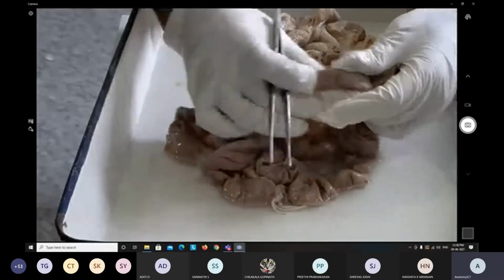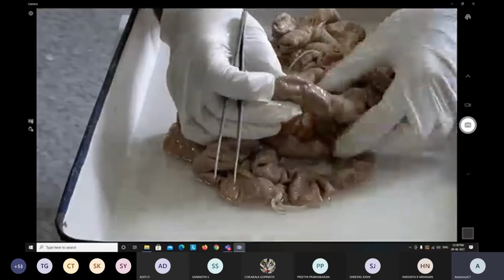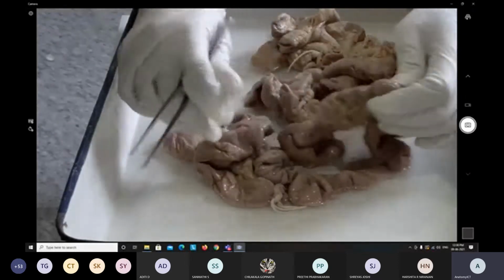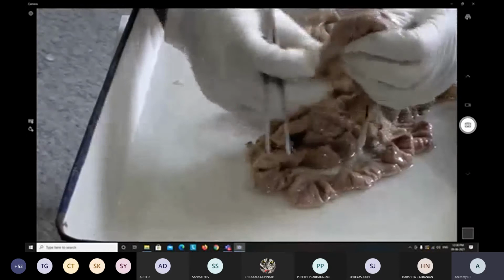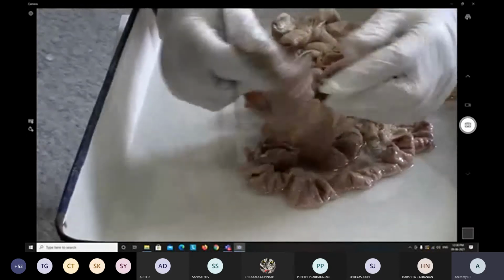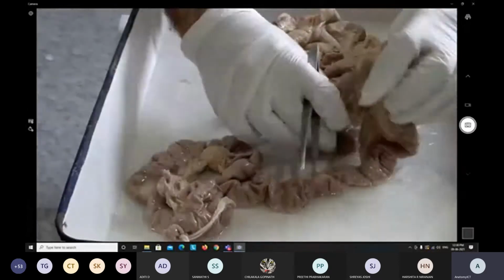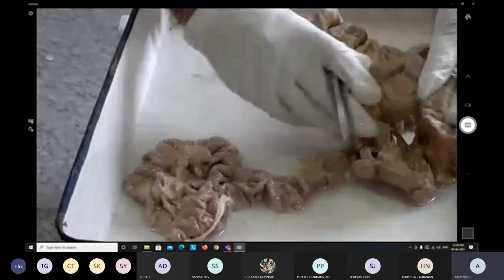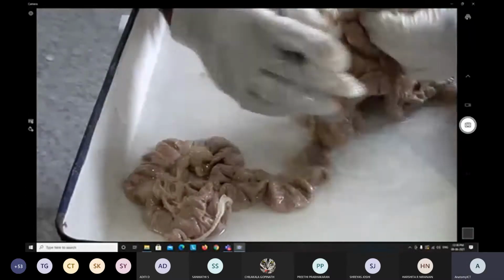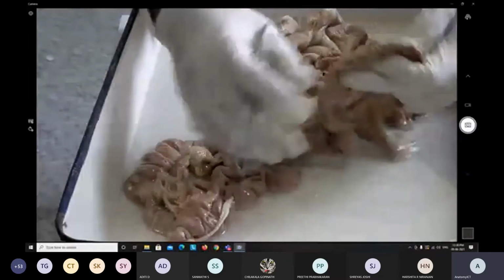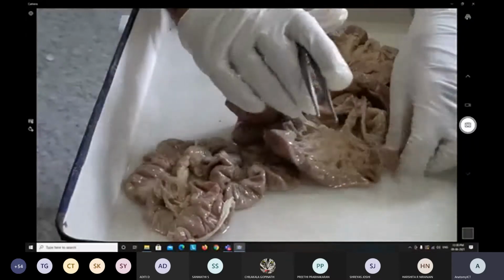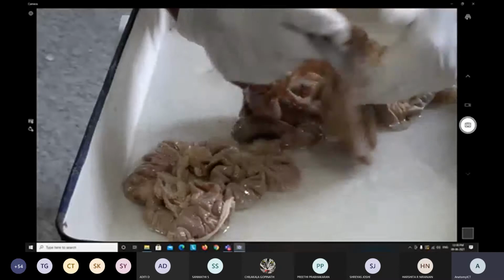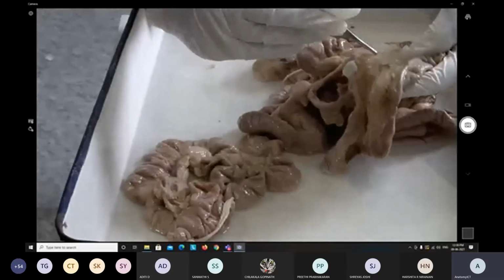There is much more quietness in the jejunal and ileal area, and the duodenum region is a little bit more tubular. The jejunum is around 2.5 to 3 meters in length and is completely covered by the peritoneum.